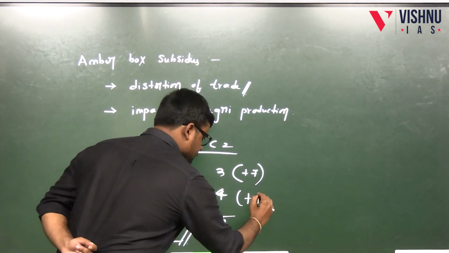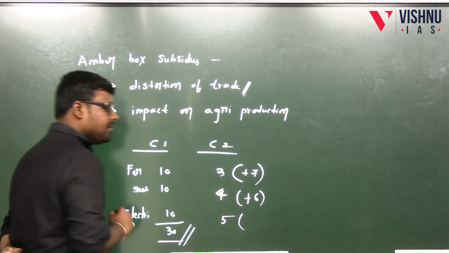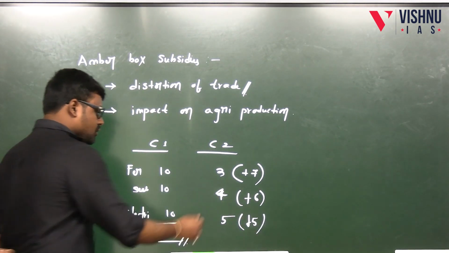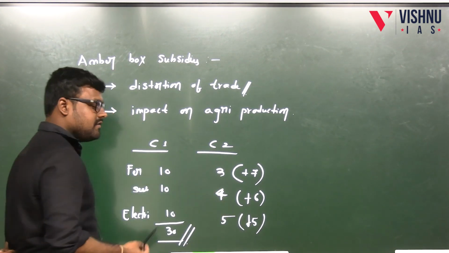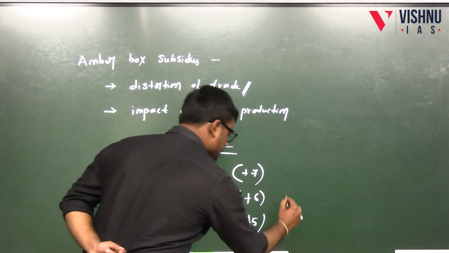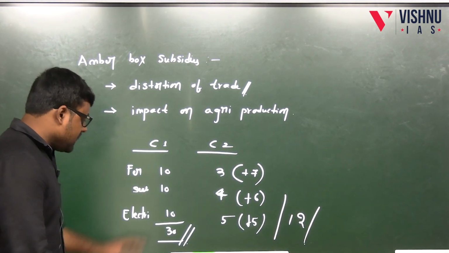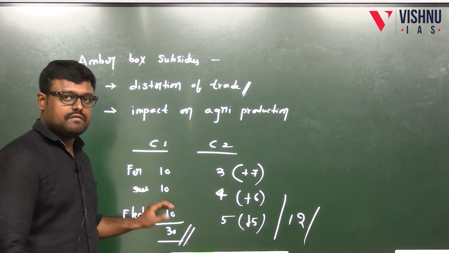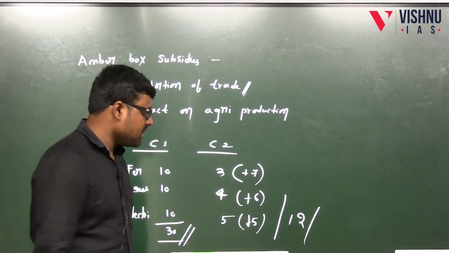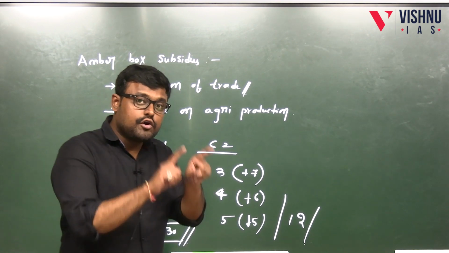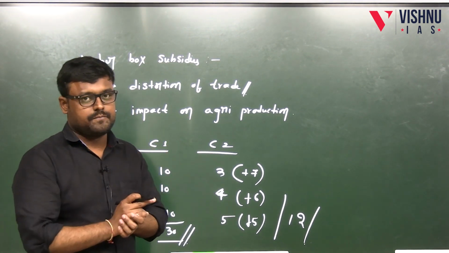That means here 6 rupees is given by the government as a subsidy, and here 5 rupees is given by the government as subsidy. So this total is how much? 4 plus 3 is 7, and 5, this is going to be 12 rupees. So here the farmer incurred 30 rupees for producing the agricultural output, and in this country the farmer incurred 12 rupees to produce the same agricultural output.